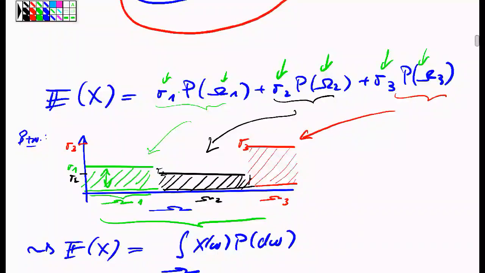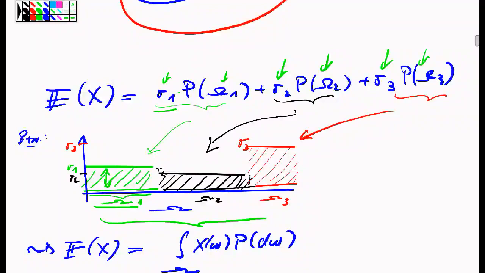So in the end, we have nothing but a sum of different volumes, where volume or area, depending on the dimension in which you consider this picture, of each of those blocks is just the product of the area of the respective subset, multiplied by the height, which is the value of the function X on this subset, where it is constant.